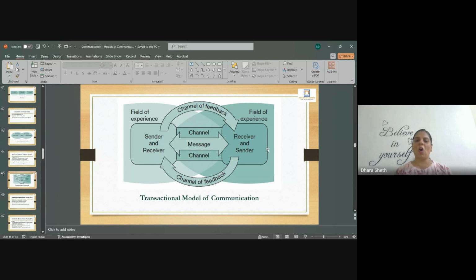Everything is happening all at once. The sender is sending, the receiver can also send at the same time. The channel of feedback is open on both sides, and the message is also open on both sides. And there is a shared field of experience. This is the transactional model of communication. Please take a moment to look at it. This will help you understand the word transactional.